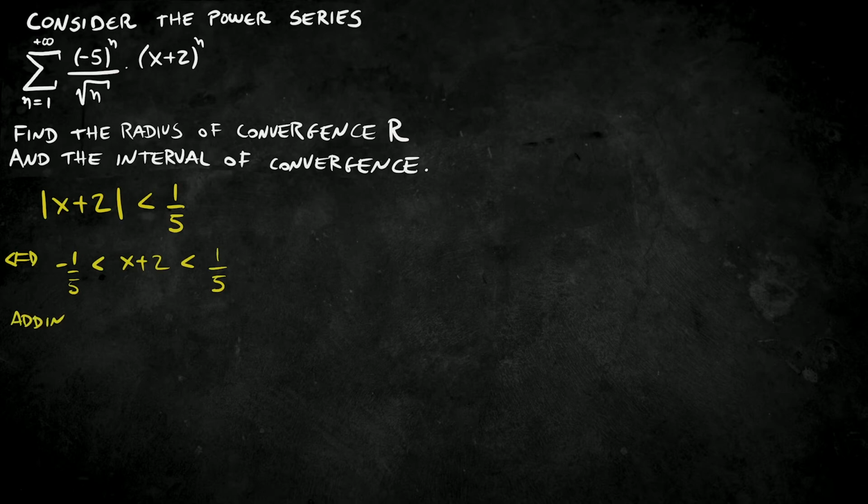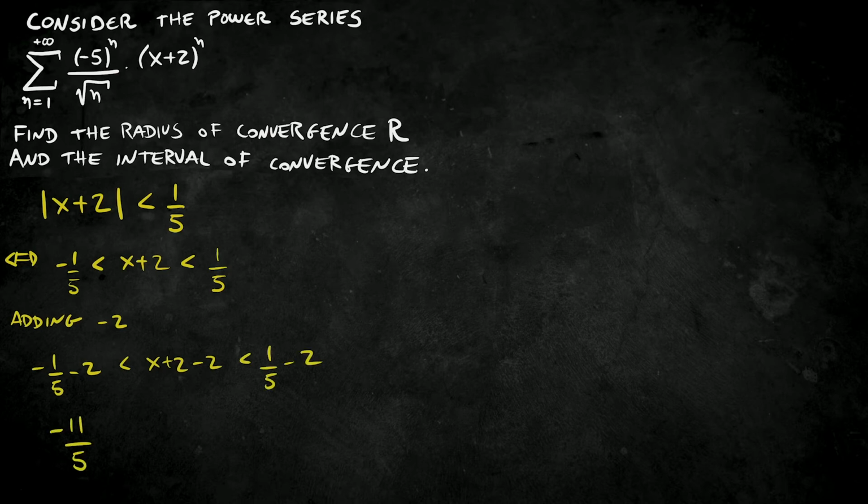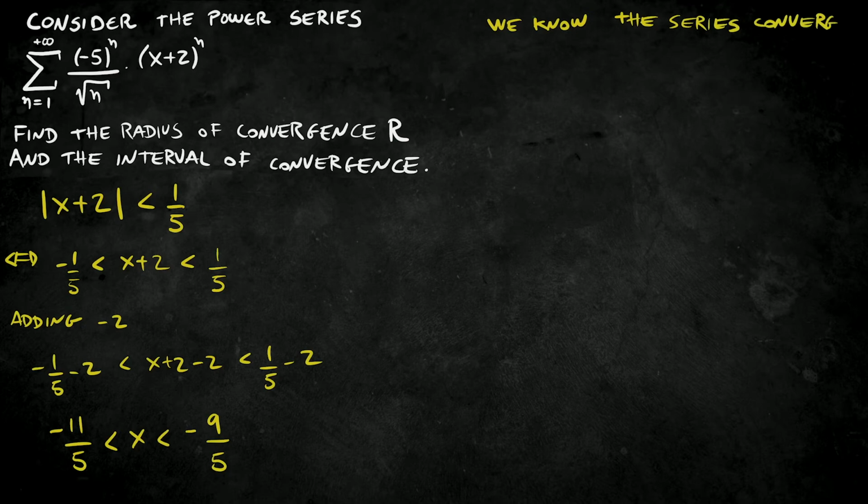So if you add -2 to every part of your inequality, the inequality still holds. And then x is going to be between -11/5 and -9/5. We know this series converges in the interval from -11/5 to -9/5.